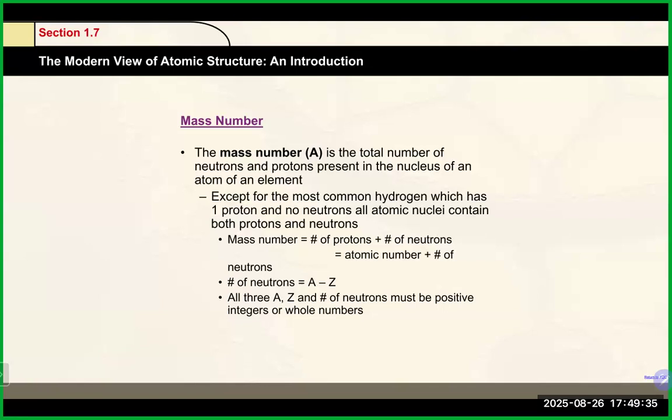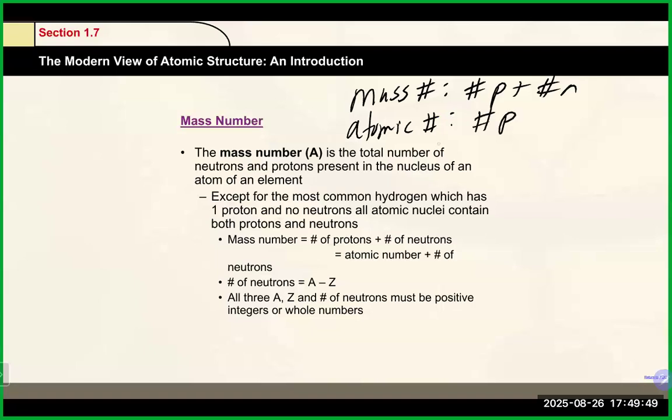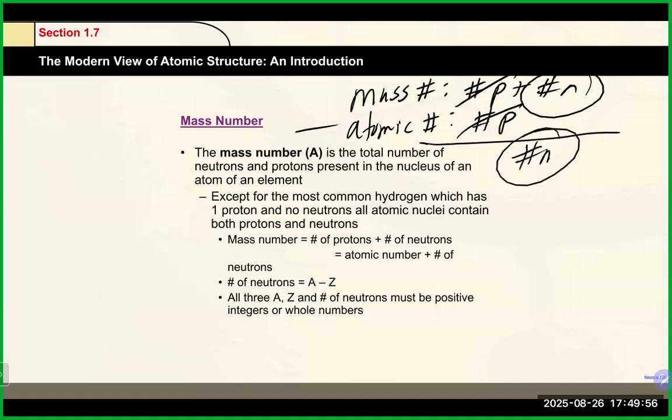That's quite important, because if you take the mass number, which is your number of protons plus your number of neutrons, and subtract the atomic number we just talked about, which is the number of protons, that will give you the number of neutrons in an atom. So the mass number minus the atomic number gives you the number of neutrons that are present.